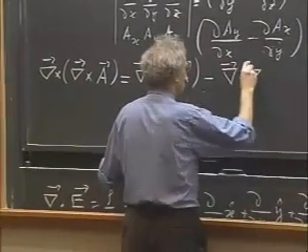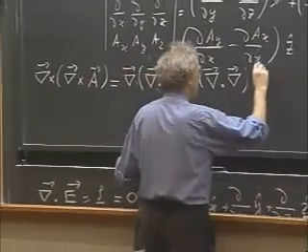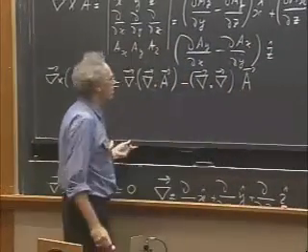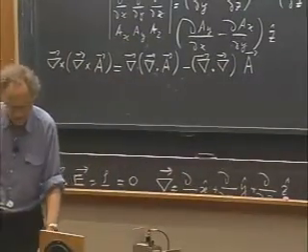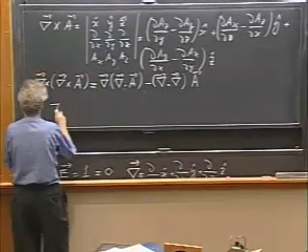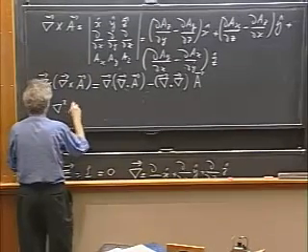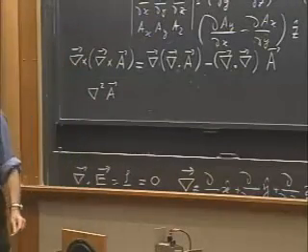del dot del vector A. And this we often write as simply del squared. So for this we write del squared of A, and this is also called the Laplacian.